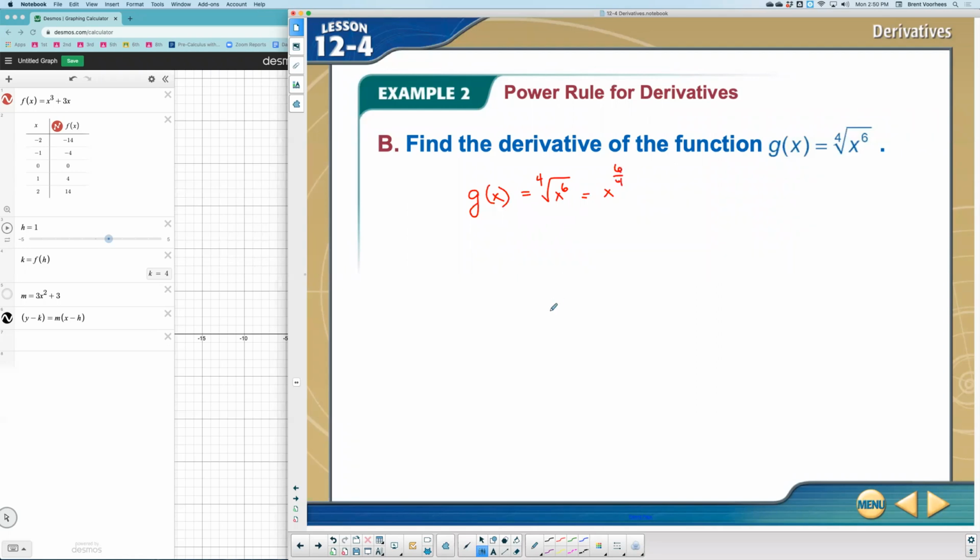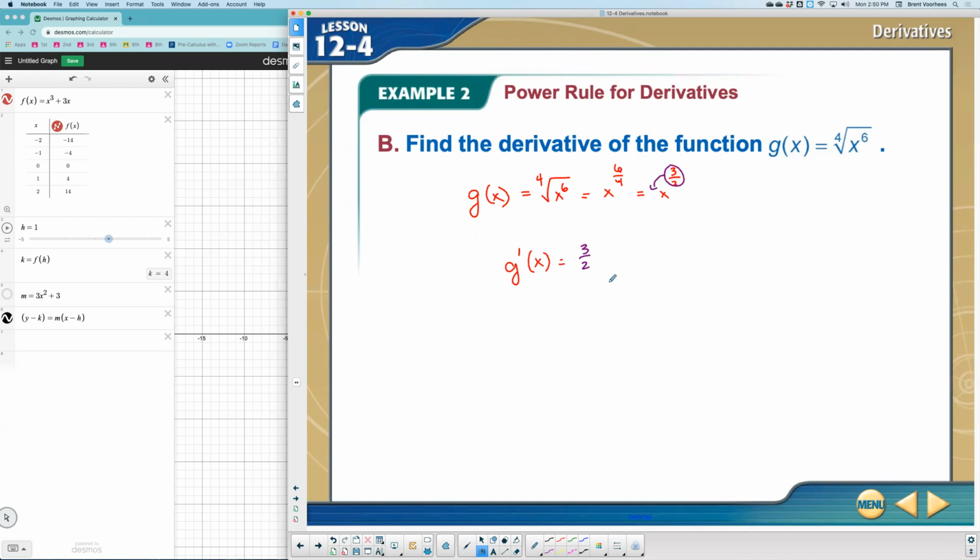You could rewrite it that way, which in turn we could simplify. 6 and 4 both could be reduced. The value of 2 goes into both the numerator and denominator there. You could rewrite that as 3 halves. Okay, so what would g prime be? G prime, you would take your 3 halves and move it to the front.